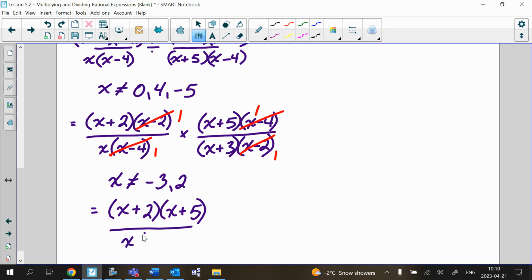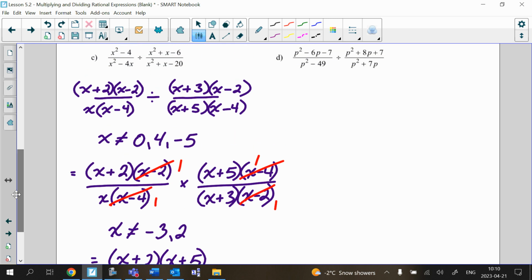Okay, last one. Get everything in factored form first. The first numerator is a trinomial. The first denominator is a difference of squares. The second numerator is a trinomial. And the second denominator is a GCF. Anybody got the first one? Negative 7 plus 1.